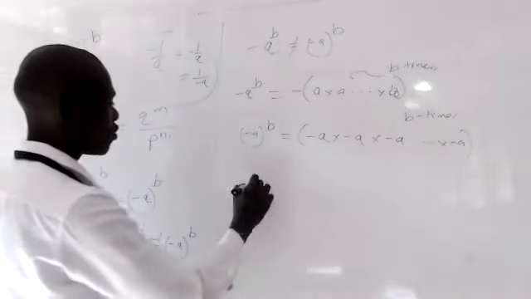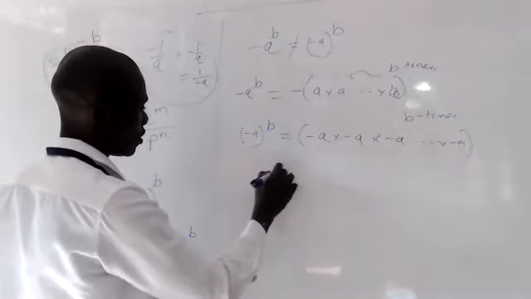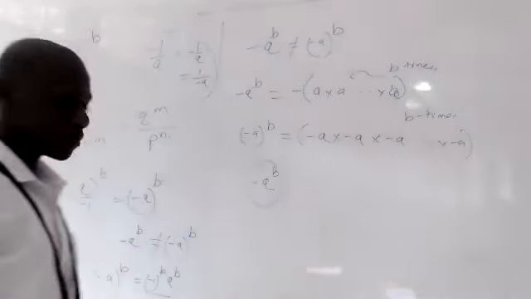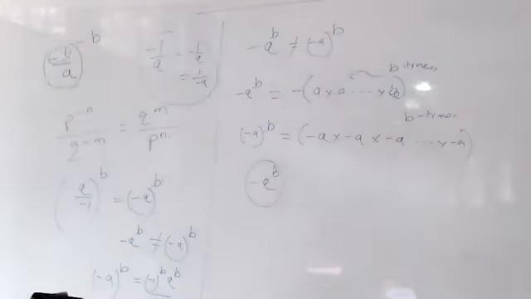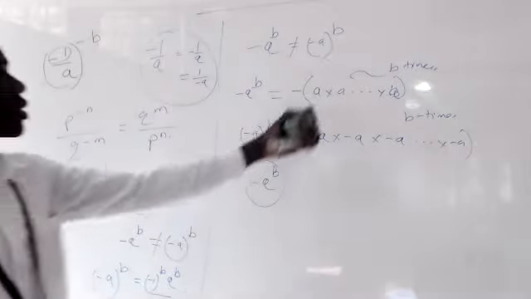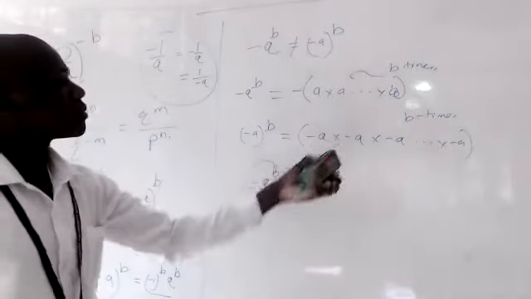I noticed that some of you are writing this, which is not correct. Any question on this? Yeah, so if we wrote our answers like -a^b, that is wrong. Yeah, that's wrong.